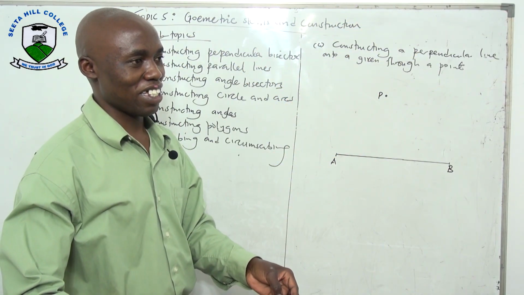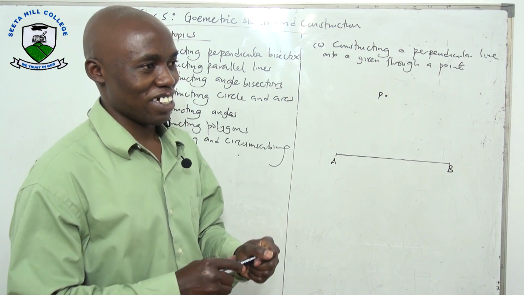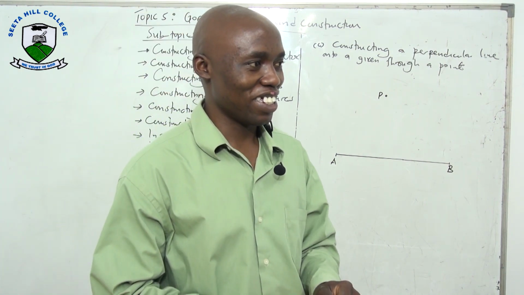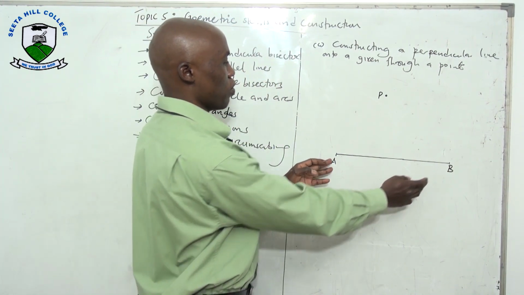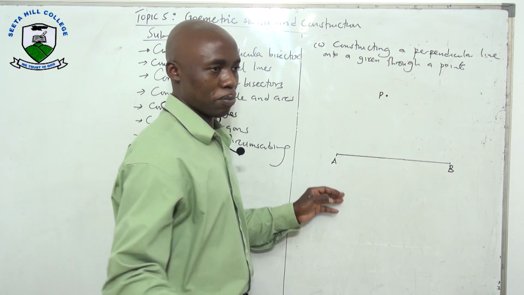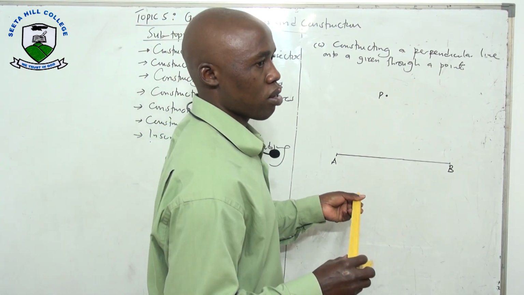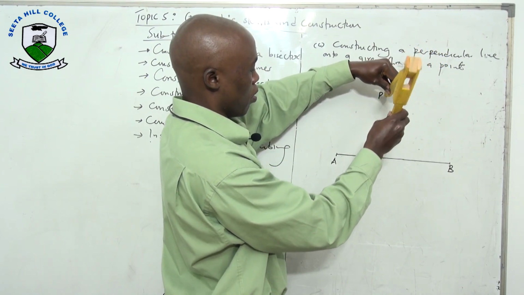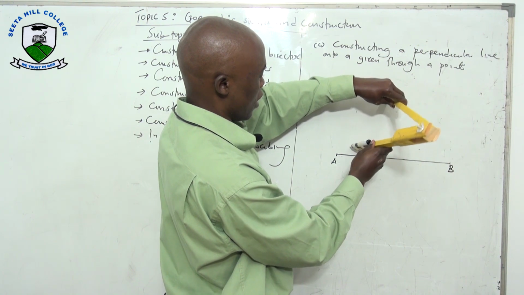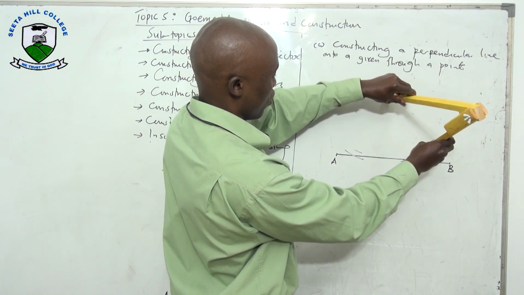Yes, I see Grace. Okay, Grace, how do we draw a perpendicular onto this from P? You have to place your compass needle at point P. We create arcs on the line segment here and here, not so?